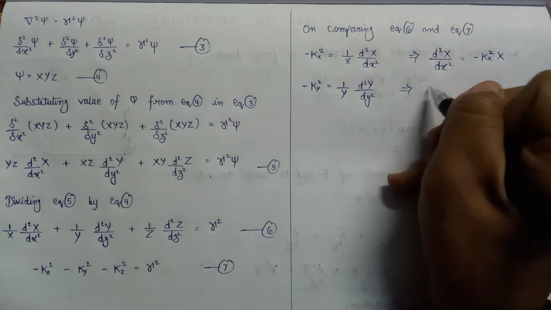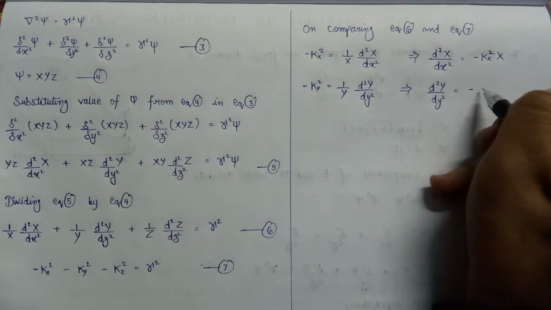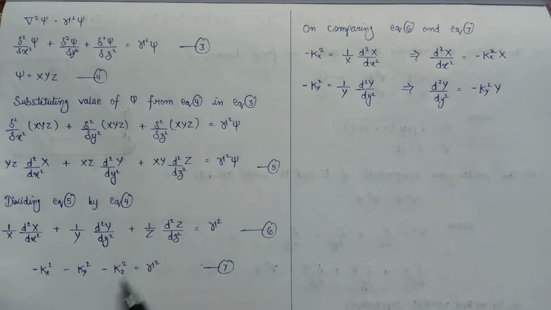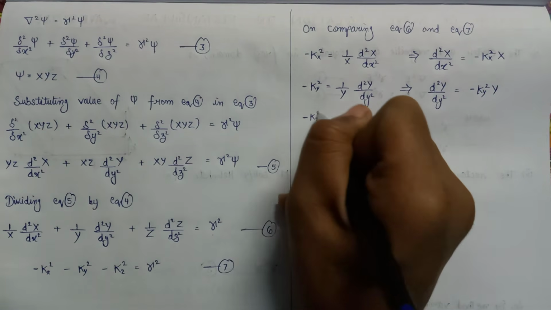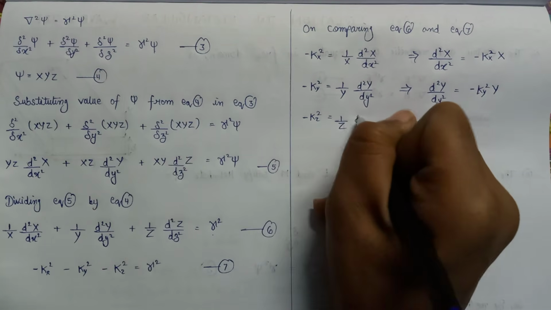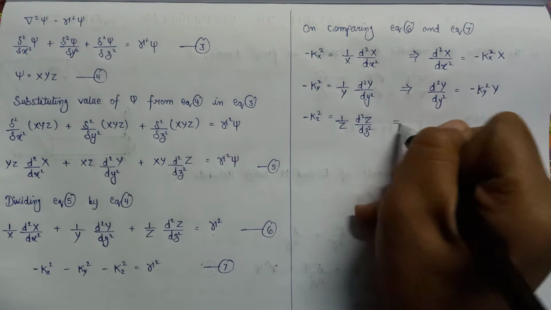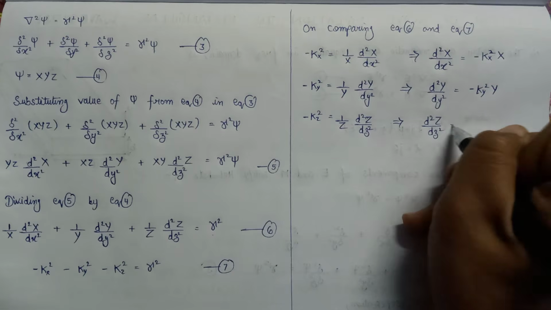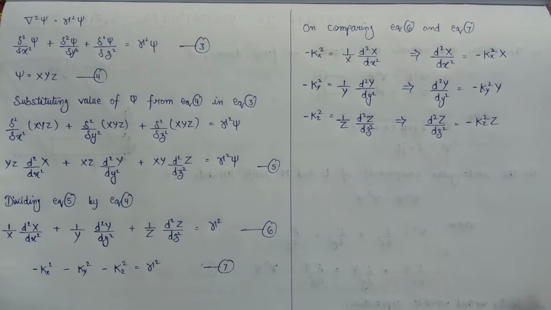On simplifying, we get d2 capital Y over dy square equal to minus ky square into capital Y. Similarly, for the third equation, minus kz square equals 1 over Z d2 capital Z over dz square, and we get d2 capital Z over dz square equal to minus kz square into Z. These are the three values of the constants in terms of derivatives.